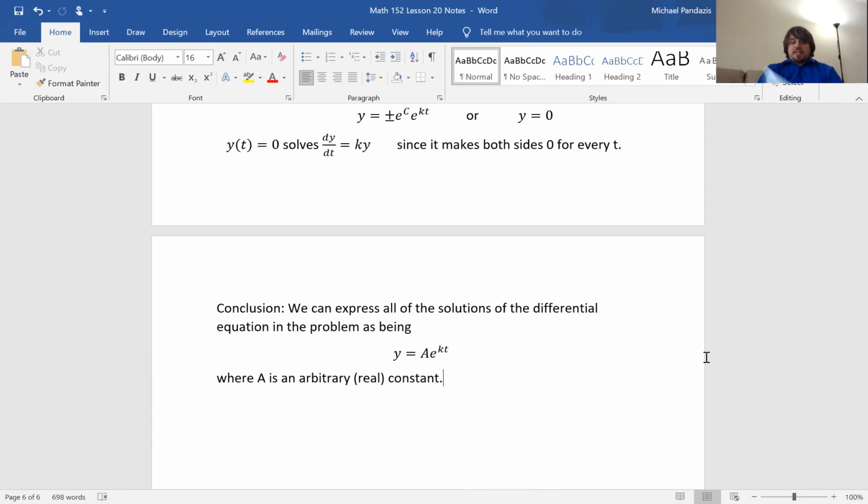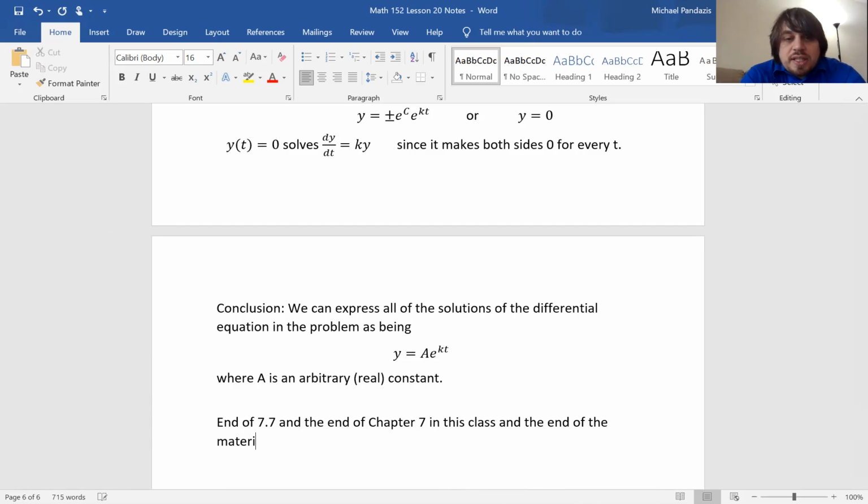Okay, and so that's the end of 7.7. Now we're going to move on to 8.8. This is the end of 7.7 and the end of what we're covering in chapter 7 in this class, and it's the end of the material on test 2.